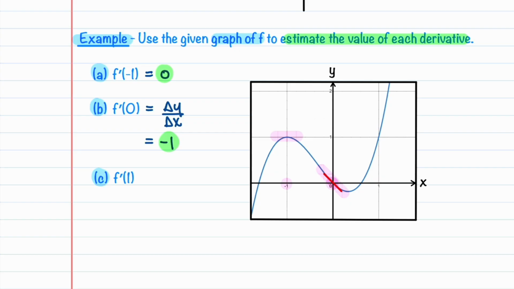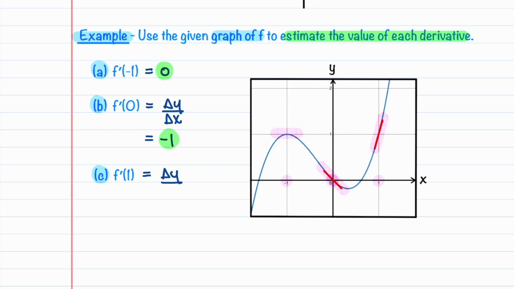Now let's look at part C. For part C, we want to find the derivative at 1. So let's go over here. There is x is 1, and then the derivative is going to be the slope right here. Let's go ahead and mark that in red. Remember that it is the change in y divided by the change in x.